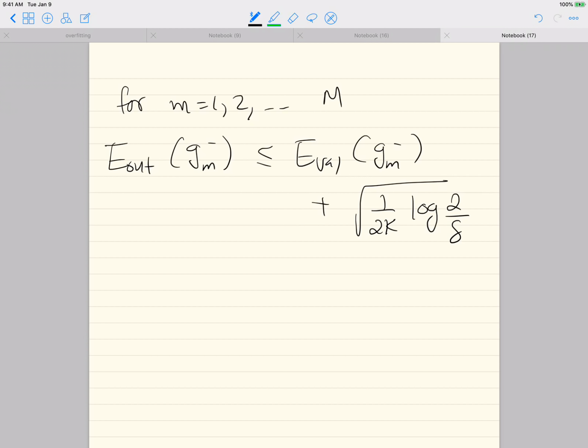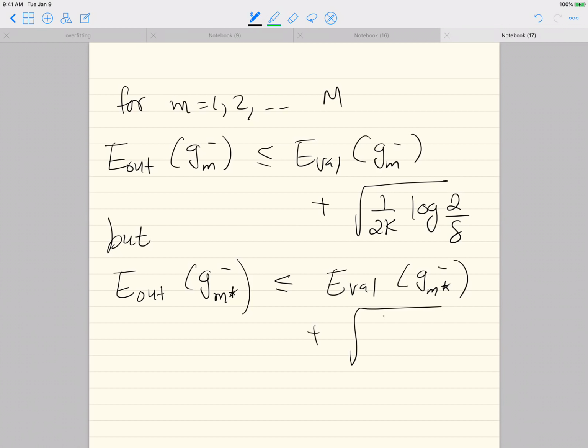This high probability bound holds because gm minus is a fixed hypothesis as far as the validation set is concerned. But it is not true that E_out of gm star minus is less than E_val of gm star minus plus the square root of 1 over 2K times log of 2 over delta. This is not true.